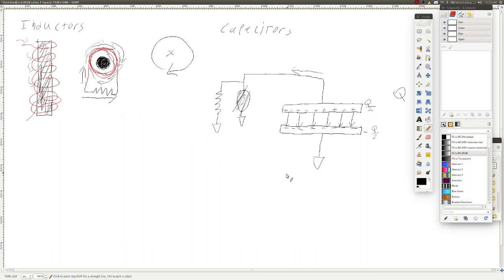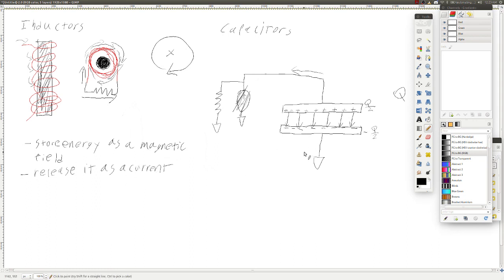What that means is that you have inductors which store energy as a magnetic field and release it as a current.